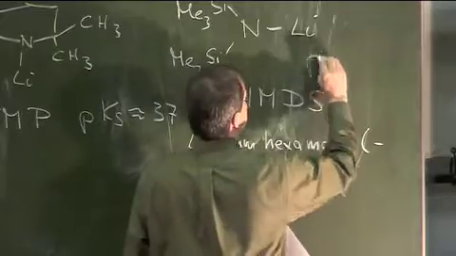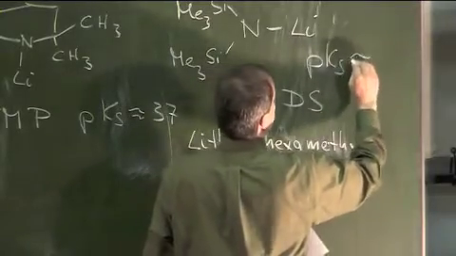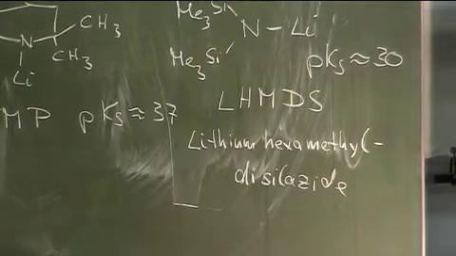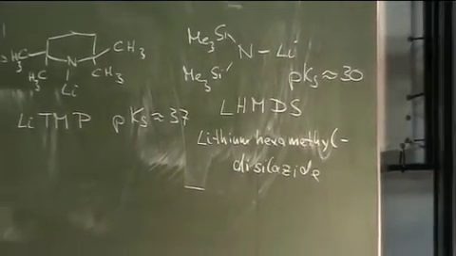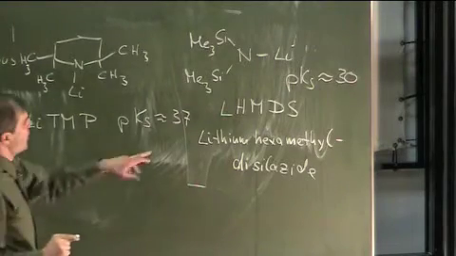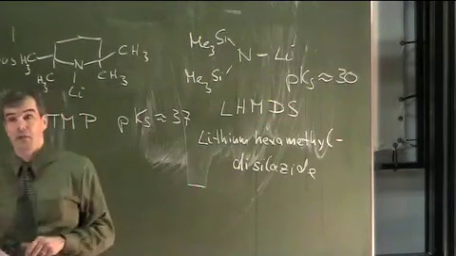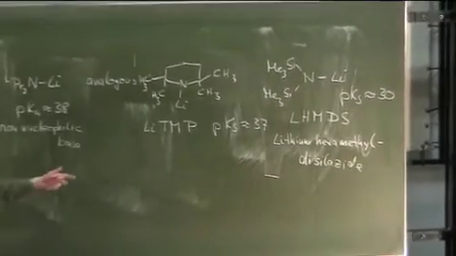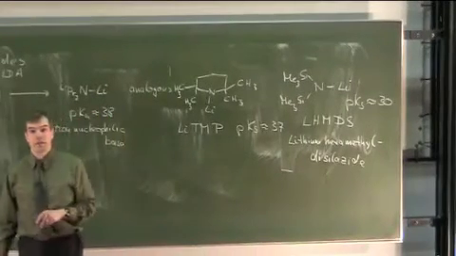And this has a pKa of roughly 30, which is still generally sufficient to do deprotonations, to do enolizations. However, you can see that this is a somewhat milder base than you find with LDA or lithium TMP.